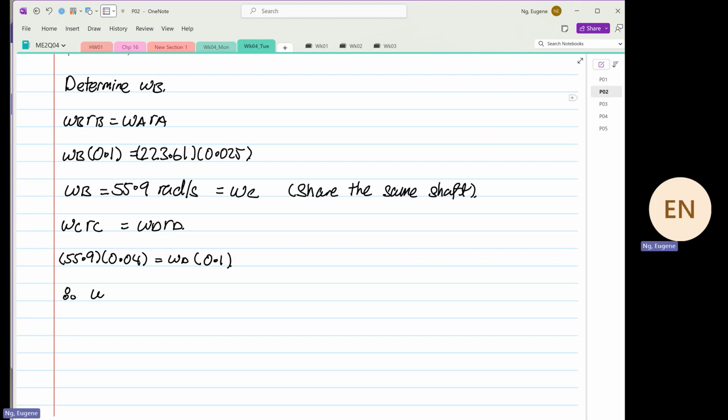So therefore, omega D will be equal to 55.9 times 0.04 divided by 0.1, which is 22.36 radians per second.